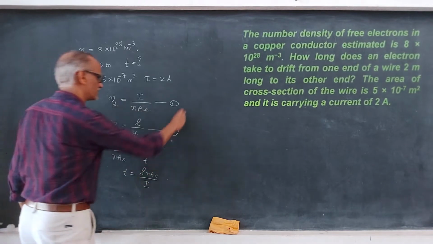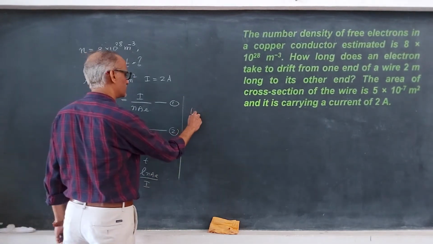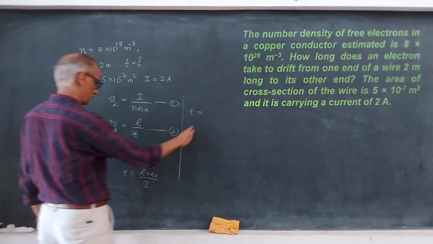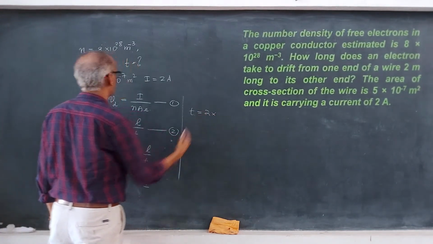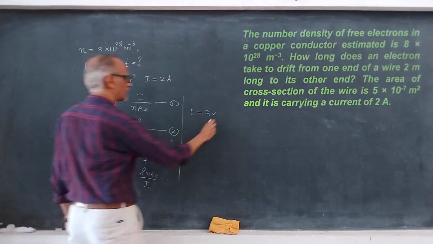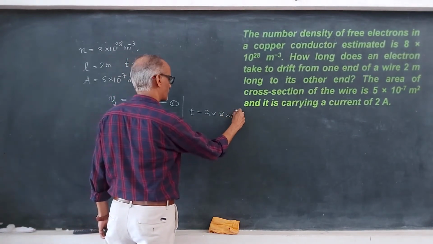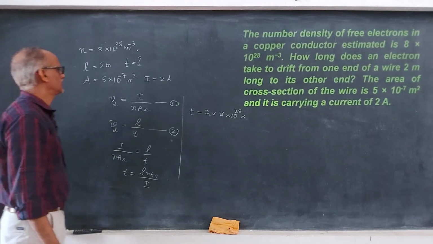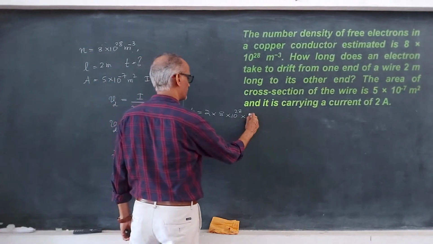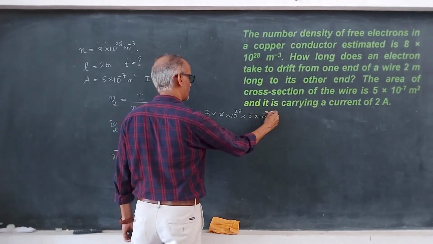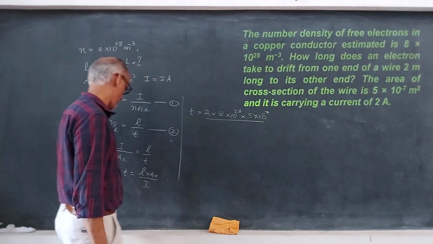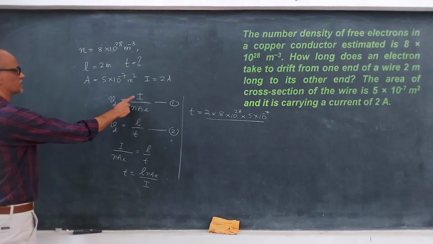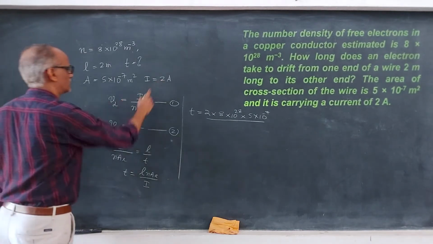So let's do the substitution here. The value of t is equal to the length, which is 2 meter, into the free electron density, which is 8 into 10 to the power 28, into the area of cross section, 5 into 10 to the power minus 7, divided by the value of the current, I, that's 2.